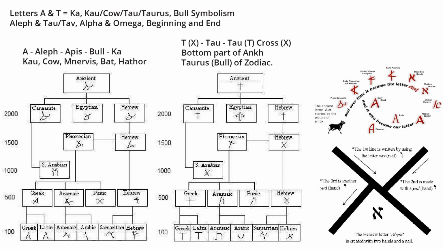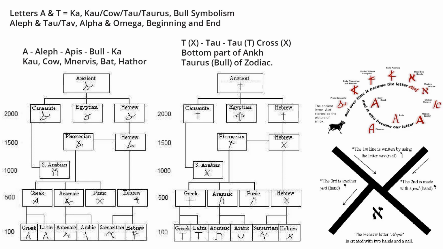So even in here, in Punic, the A, as I've shown, the 2 lines cross, and the ox head, and the Ka comes from the ox, and the horn symbolism and the arm symbolism are the same. They reference and correspond. So here the Punic in the A is the X. And even the Aleph, which we have here at the bottom right, Aleph is a nail and 2 hands.